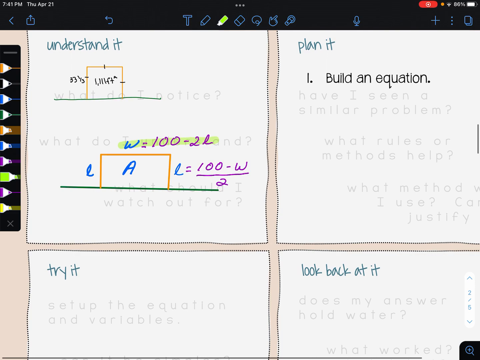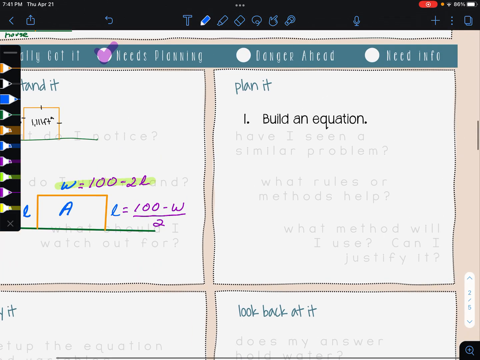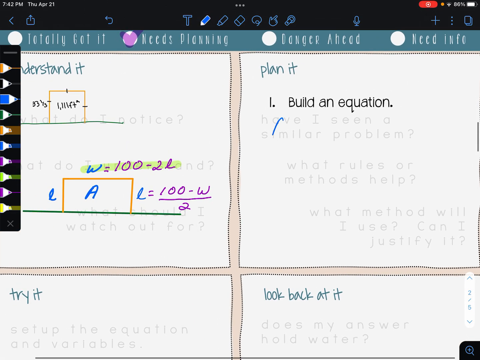So the area we know is equal to length times width.